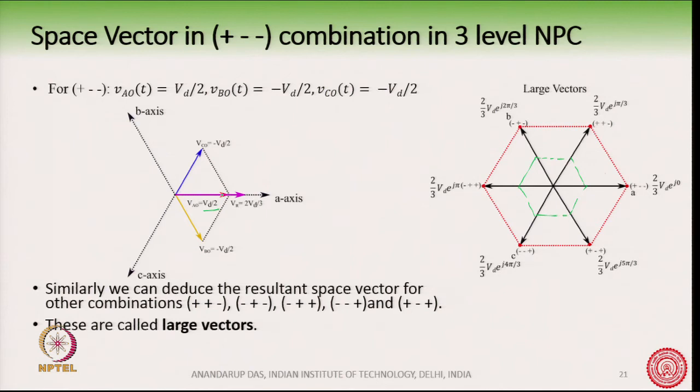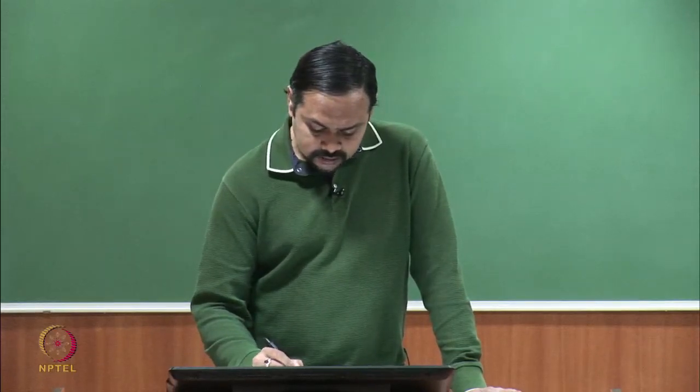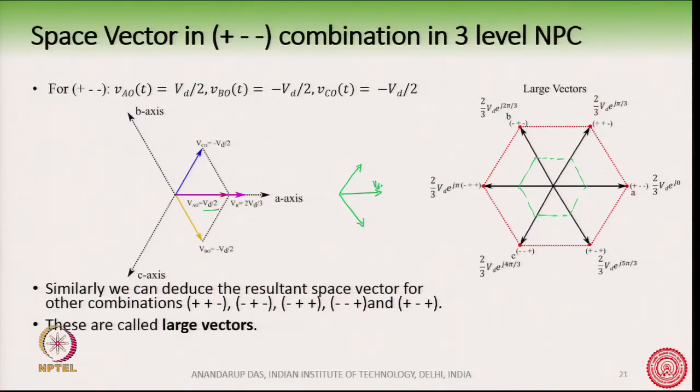On the B phase you have a minus contribution, and on the C phase you have again a minus Vd by 2 contribution.